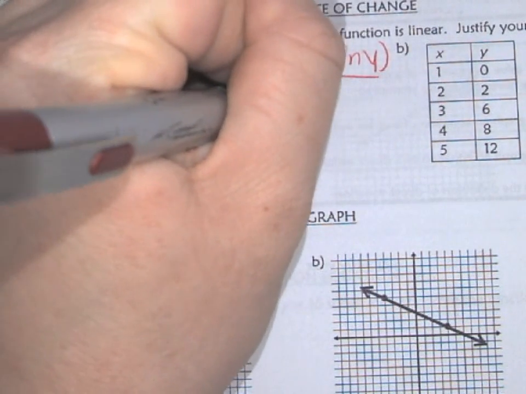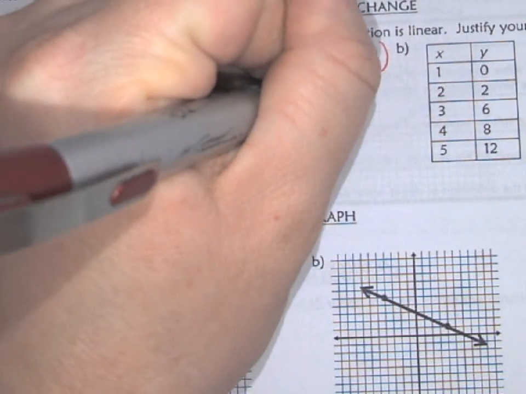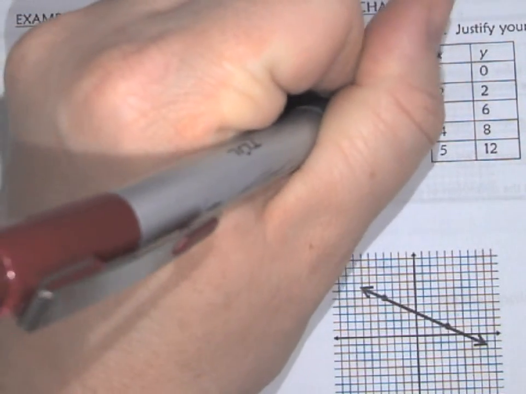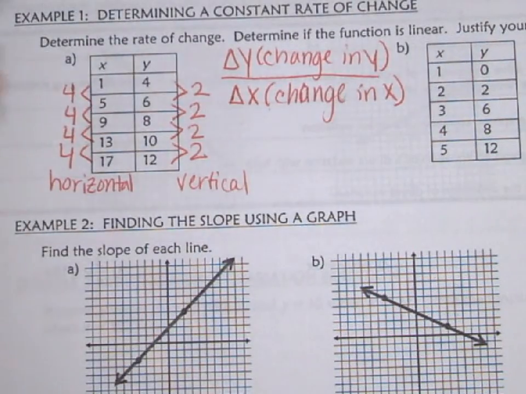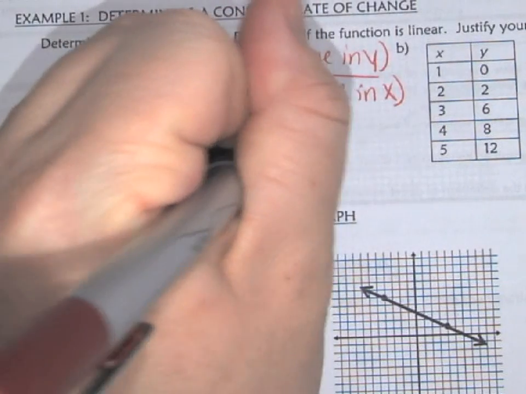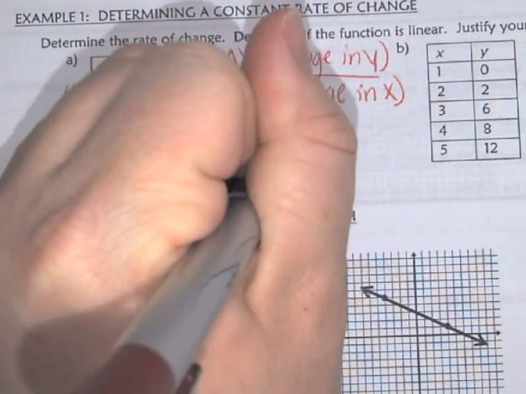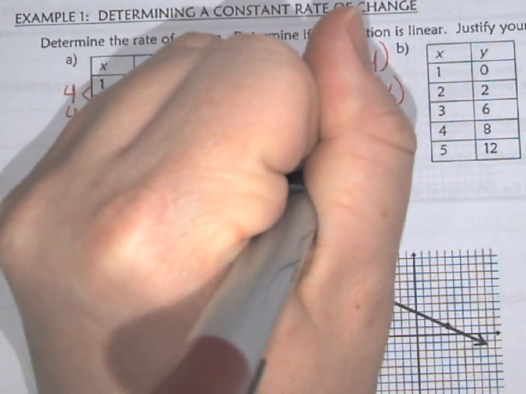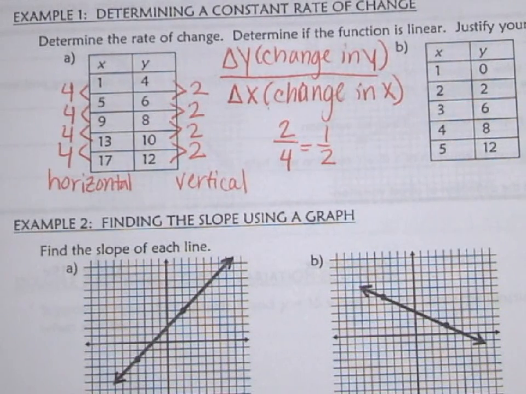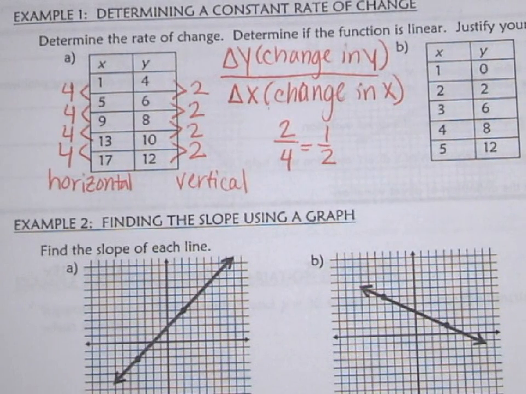And that triangle is a delta, and it stands for change in. All right, so my change in y here is 2 over the change in x, which is 4, or simplifies to 1/2. Okay, so this is my slope.